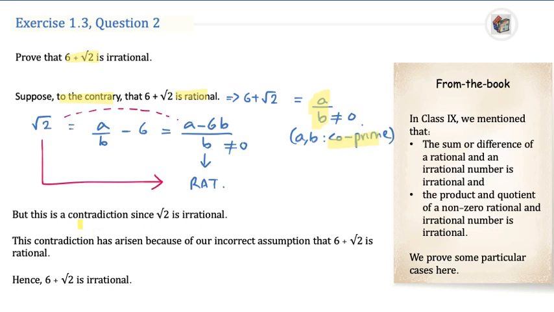But this is a contradiction, since we know that square root of 2 is irrational. Now this contradiction came up because our assumption was wrong that 6 plus root 2 is rational. So if 6 plus root 2 is rational is incorrect, then actually 6 plus root 2 is irrational. And that's it.